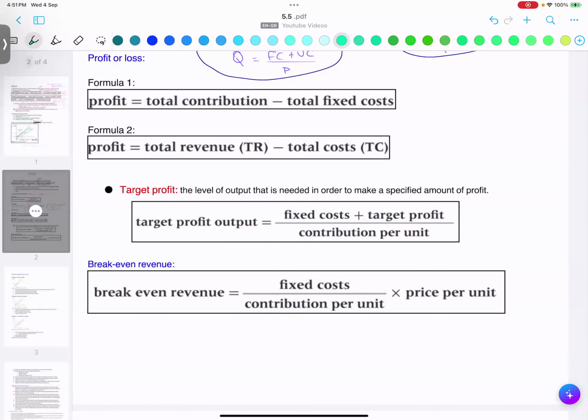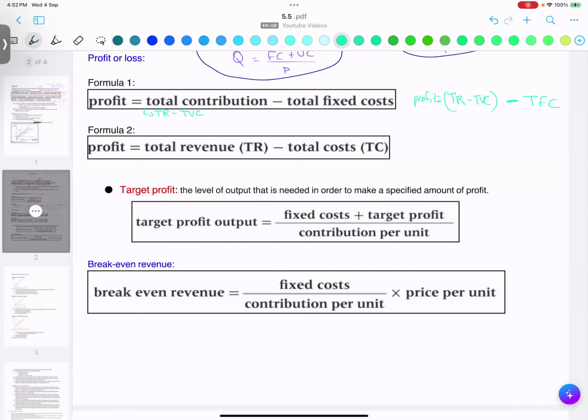Total contribution is total revenue minus total variable costs, and total fixed cost is just the fixed costs. So profit equals total revenue minus total variable cost, and then you subtract all of that by total fixed costs. That's really it. That's the formula when you break it down.